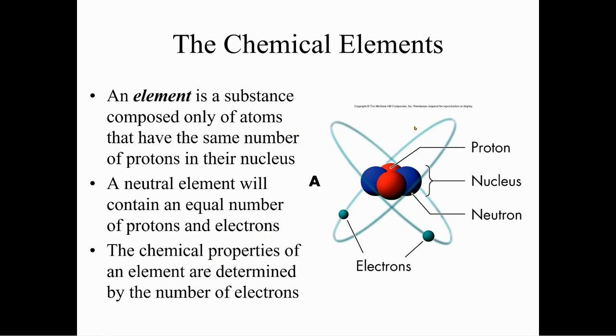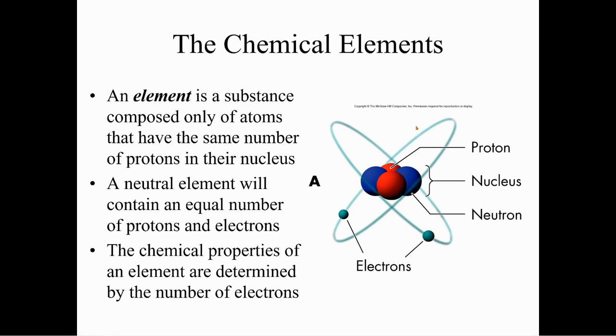Chemical elements. An element is a substance composed of only one type of atom, with the same number of protons in their nucleus. A neutral element will contain the same number of protons and electrons, and the charges cancel each other out. The chemical properties of an element are determined by the electrons.